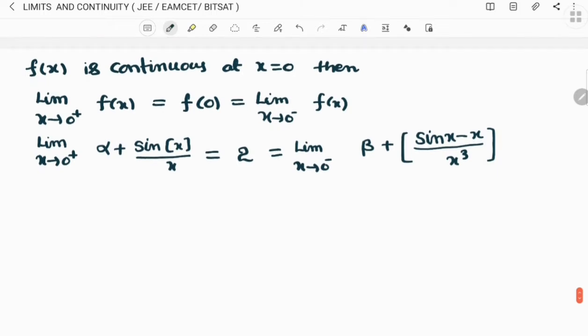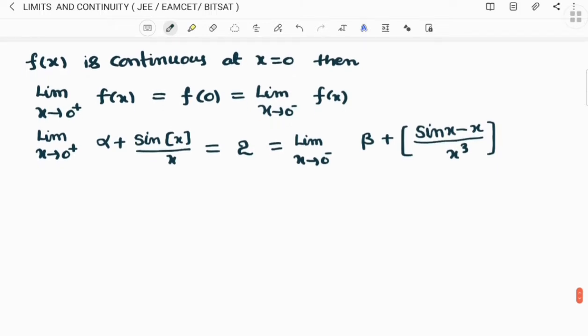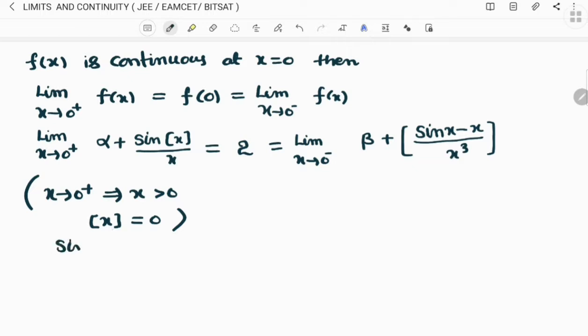Now we will calculate the limits. Limit x tends to 0 plus, that implies x is greater than 0. When x is greater than 0, the value of step x is equal to 0. So whenever step x is 0, sin step x value is also 0.